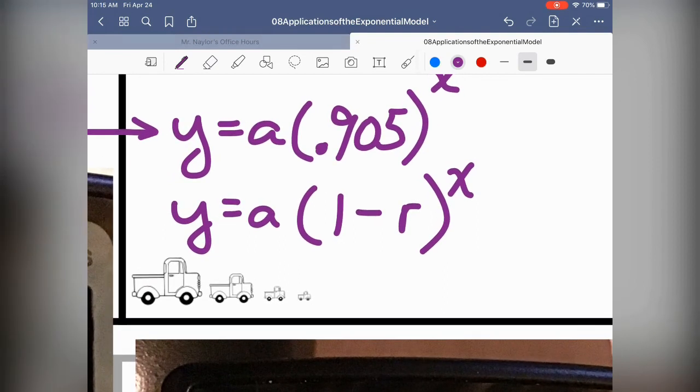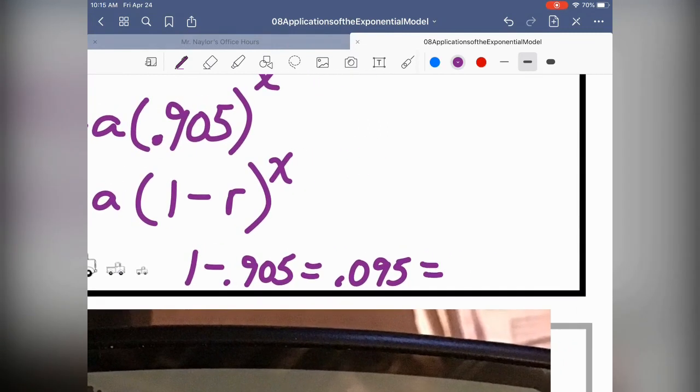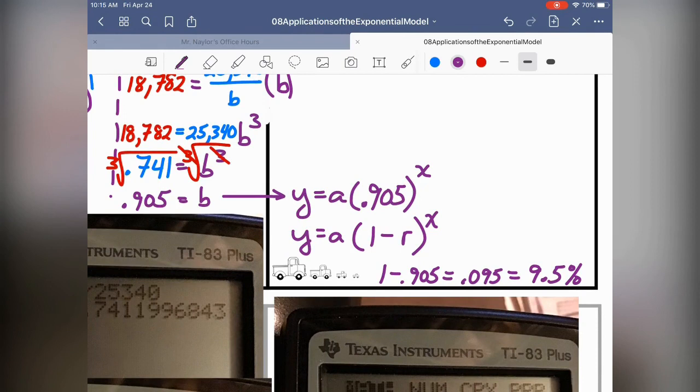Well, all you have to do is subtract 0.905 from the number 1, and you'll find out that you end up getting 0.095, which actually represents 9.5%. And so for this situation with this truck, it is losing 9.5% every year.